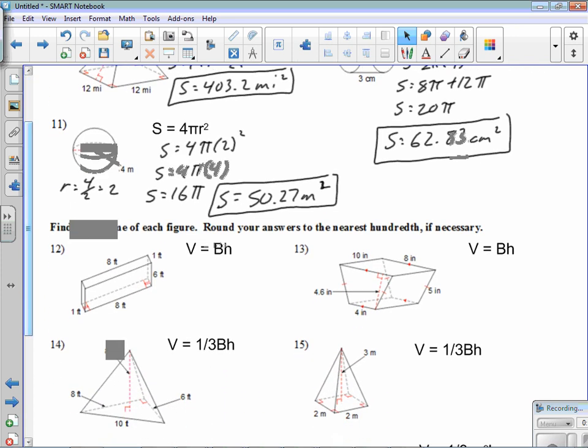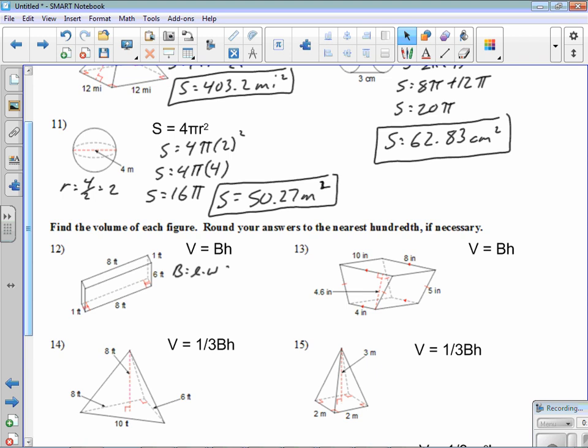All right, so then the next group is all volumes. So first one, 12, is volume of a rectangular prism. So the bases are triangles that are 8 by 1. So area of the base, since it's a rectangle, is length times width.